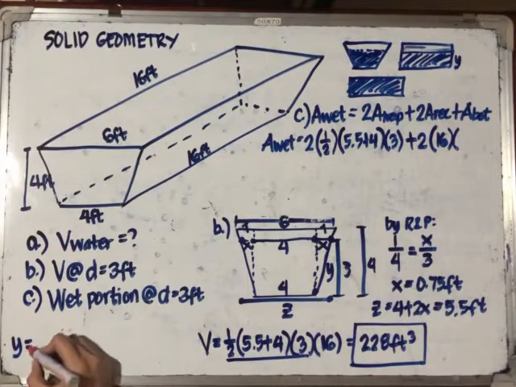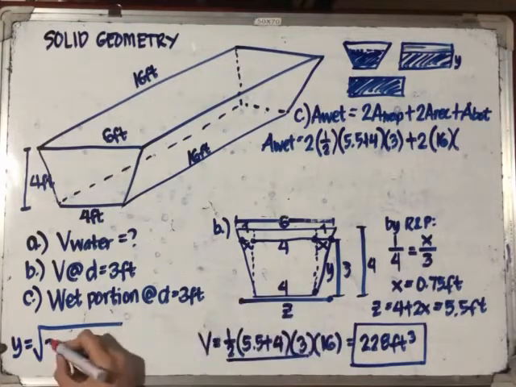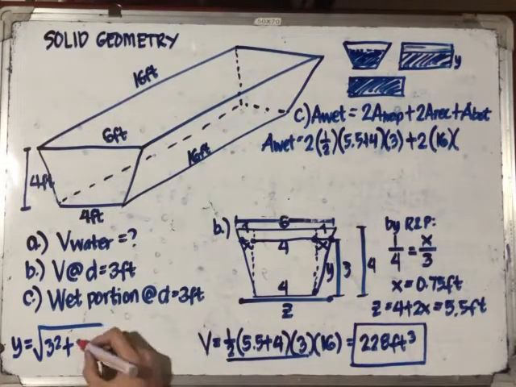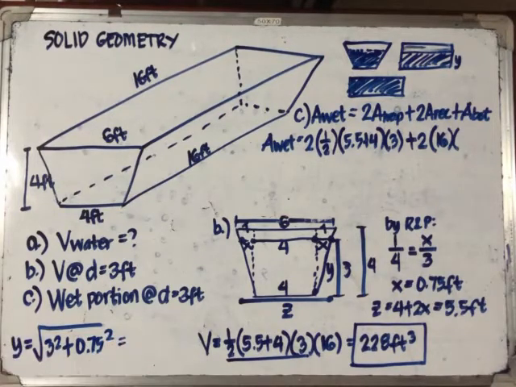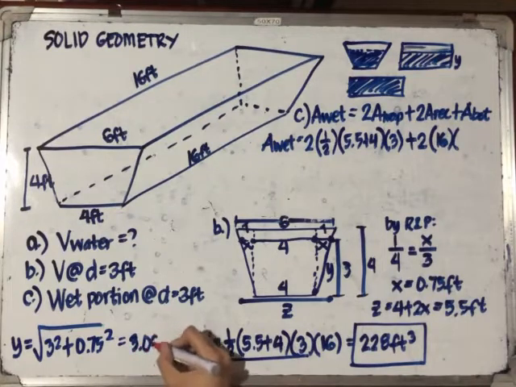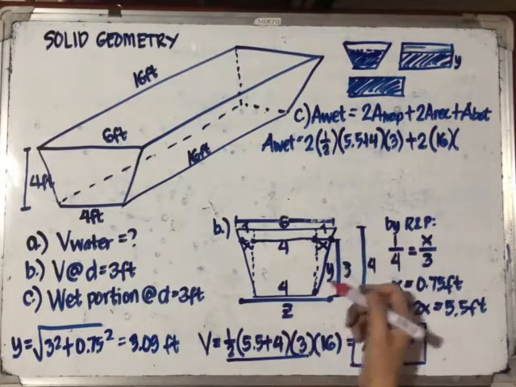So our Y is the square root of, by Pythagorean theorem, the square root of 3 squared plus our x squared, which is 0.75 squared. So taking this one, 3 squared plus 0.75 squared would give us 3.09 feet. Okay? This side will be used again.